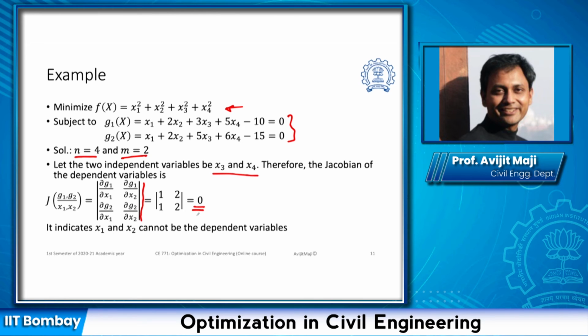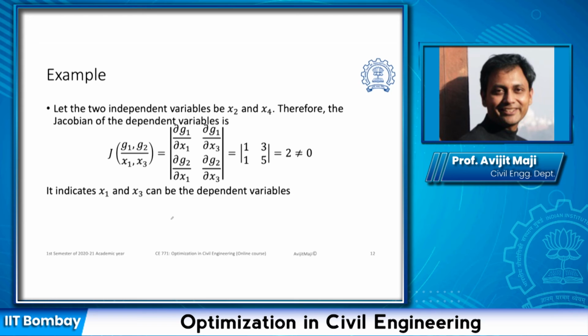So it is defying the requirement of the Jacobian of the dependent variables, and hence we cannot select x3 and x4 as independent variables. We have to choose some other variables as independent variables. Hence we are saying that x1 and x2 cannot be the dependent variables for this problem.